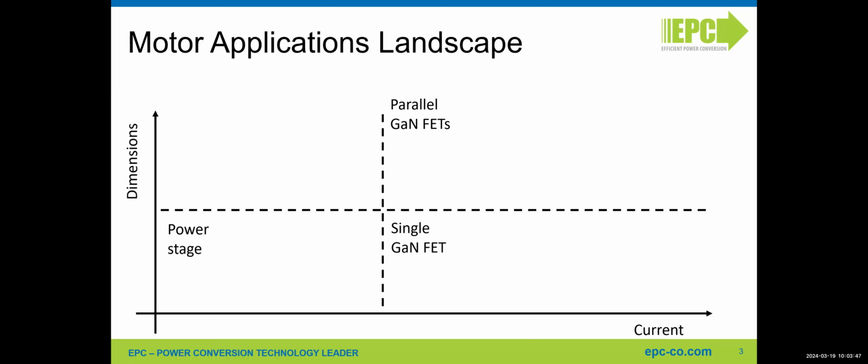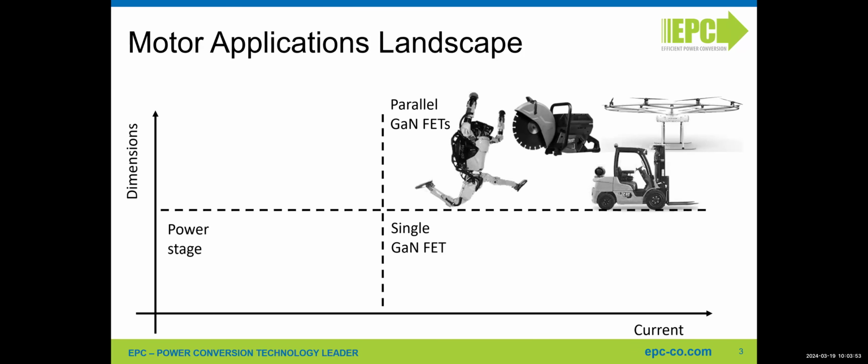And at top right, we have applications where there is the need for high current. Here are some examples of high current applications. And when I say high current, it is above 100 amps, can be 100, 150, can even be 400 amps.